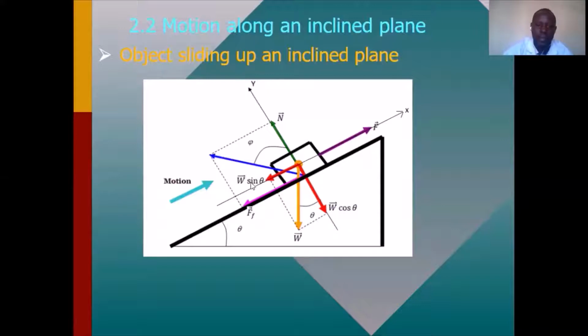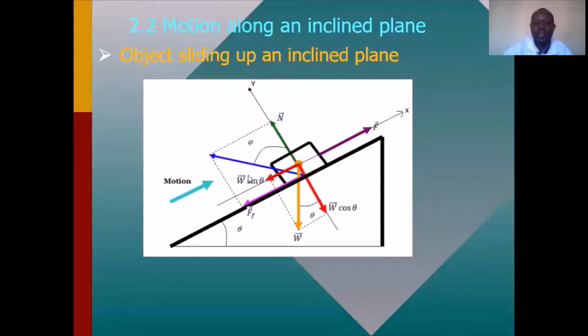weight sine theta, and we have friction force. For this case, where the object is sliding up an inclined plane, the weight sine theta is supporting friction force. It means the weight is opposing the motional force.